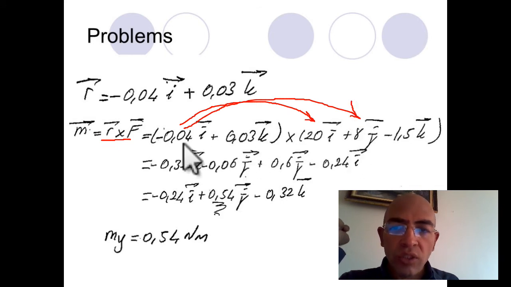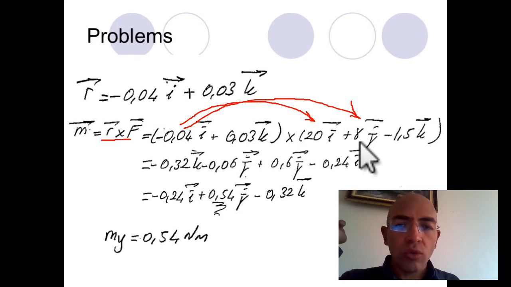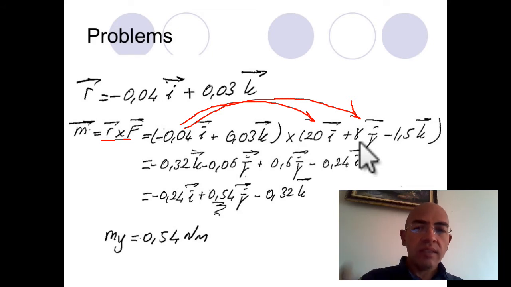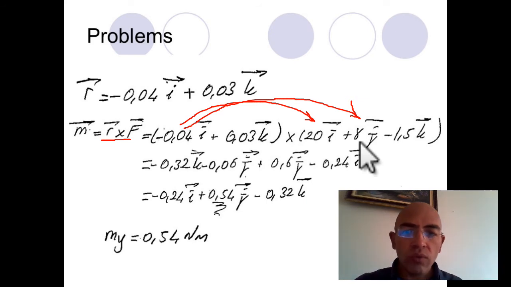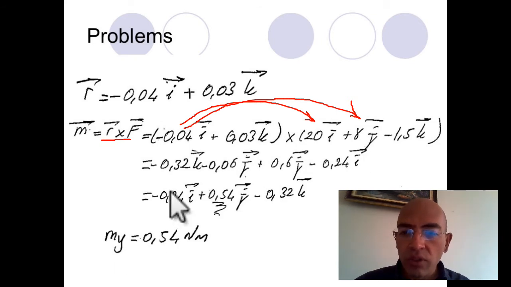So minus 0.04 multiplied by 8 will give us minus 0.32, and if I put my elbow on the x-axis and curl my fingers towards the y, my thumb will show me the positive z-axis. Therefore it is positive k.